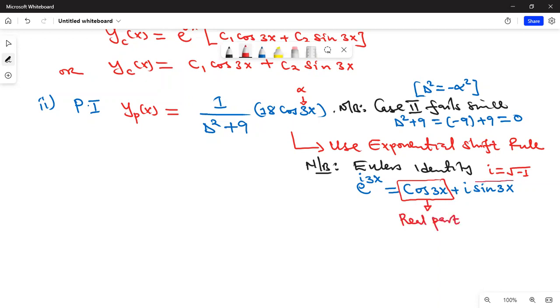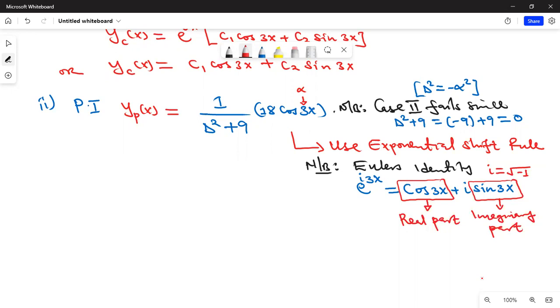This other one is the imaginary part. So for me to get cos 3x from this complex number, I simply need to extract the real part of that complex number.